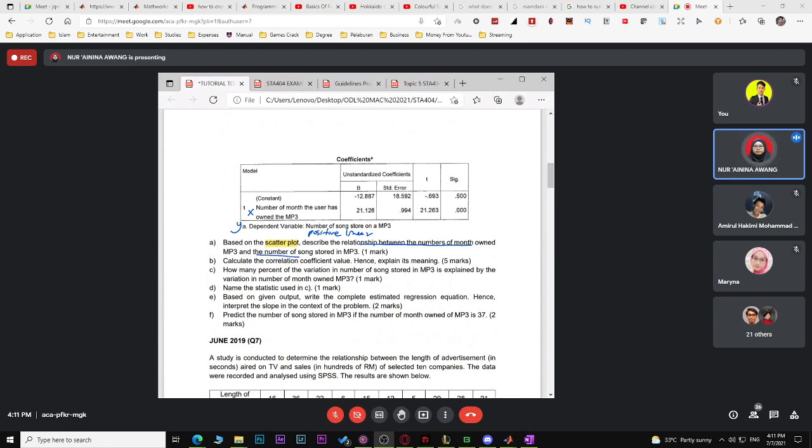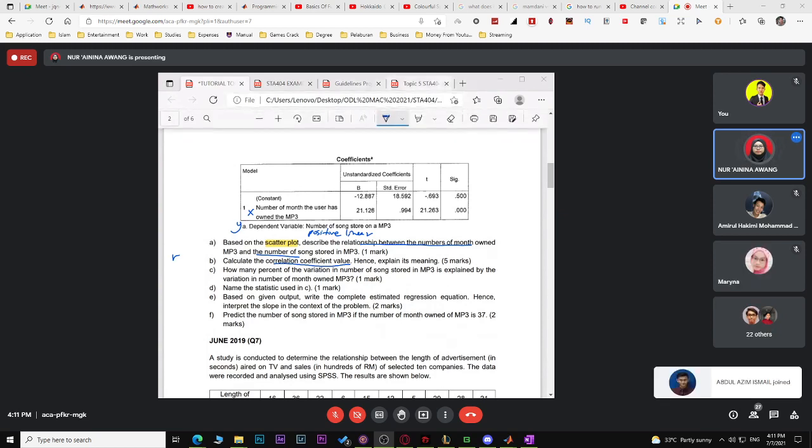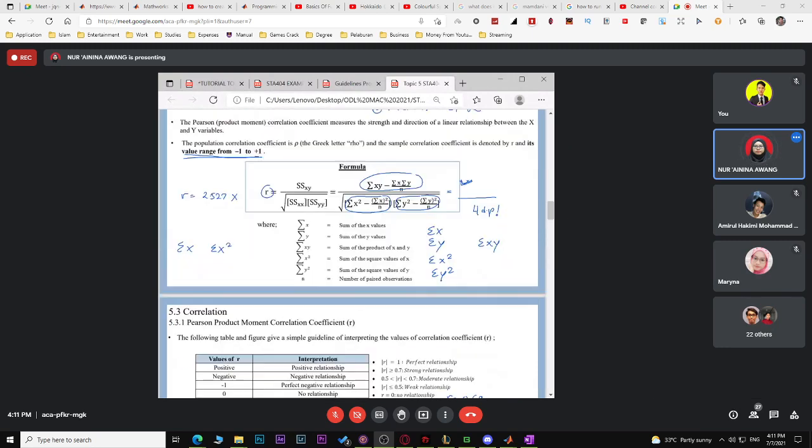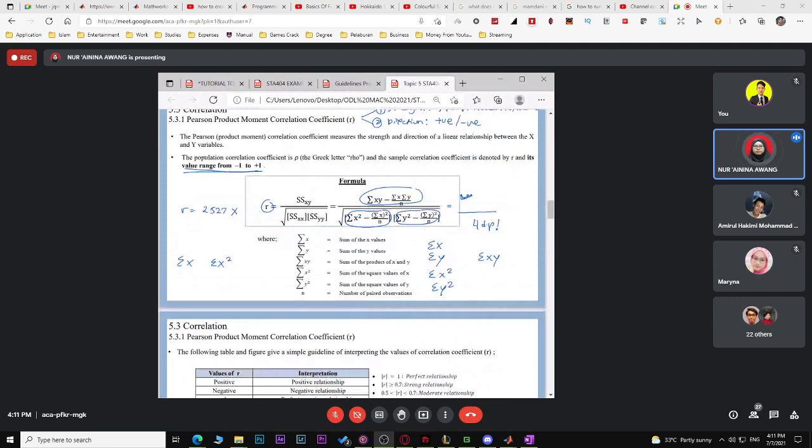And then for the second question, calculate the correlation coefficient value, hence explain its meaning. So in this case, the question asks you on the correlation coefficient, you need to find the value for your r, r kecil. So how to find the value, you know that the formula for correlation coefficient is this one. So kena cari semua value ni.